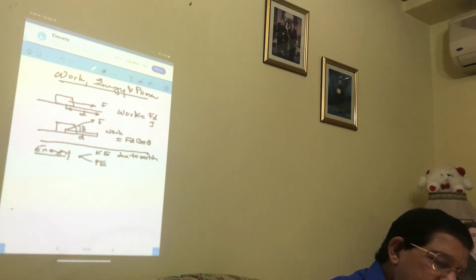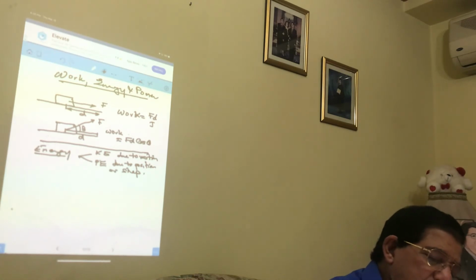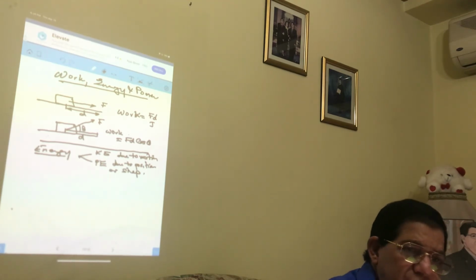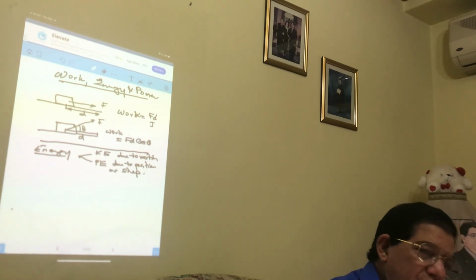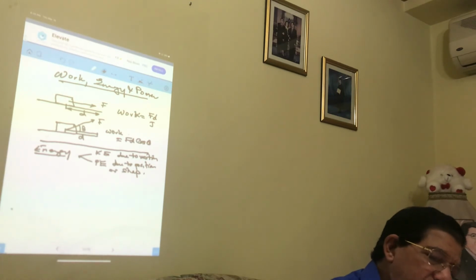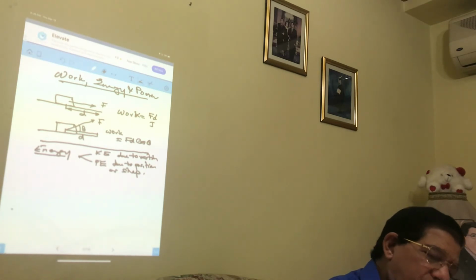Potential energy is due to position or shape. The potential energy due to shape is elastic potential energy, and this is not considered in this syllabus. We are not going to deal with potential energy due to shape. Therefore, we have only the potential energy due to position.